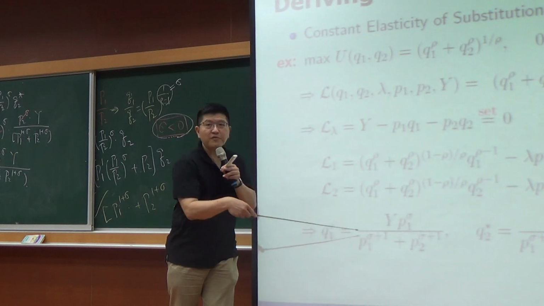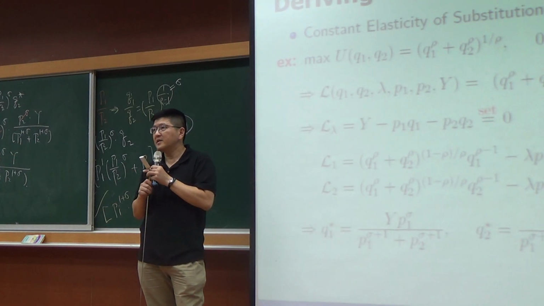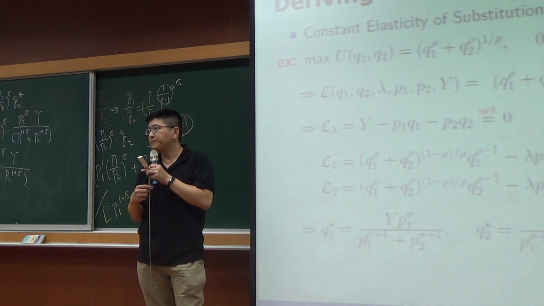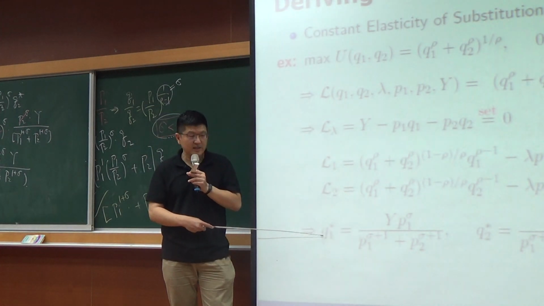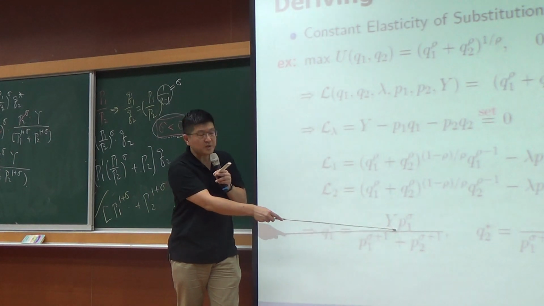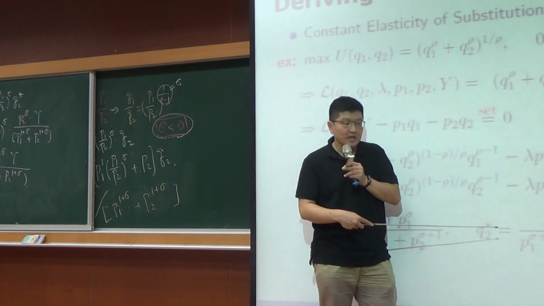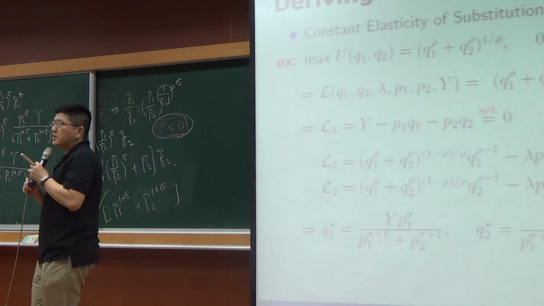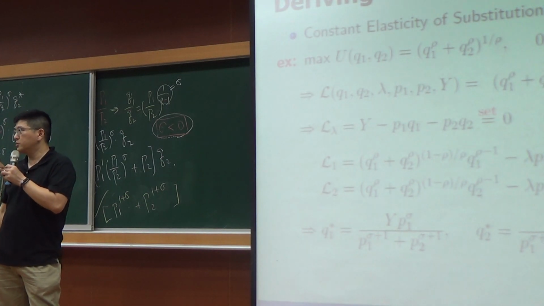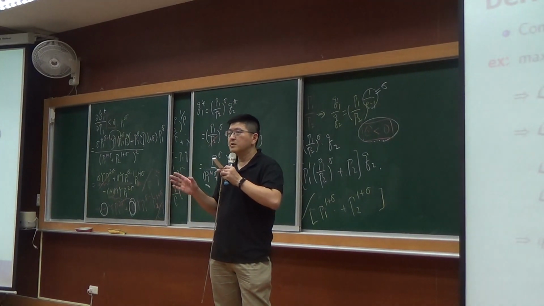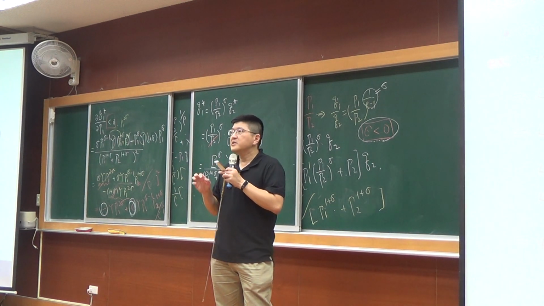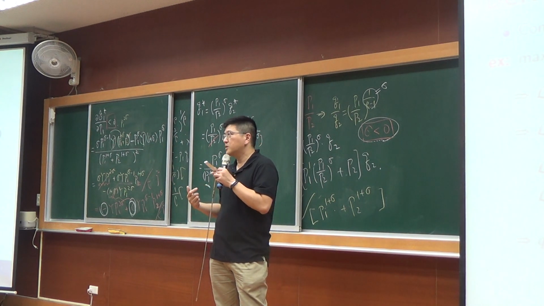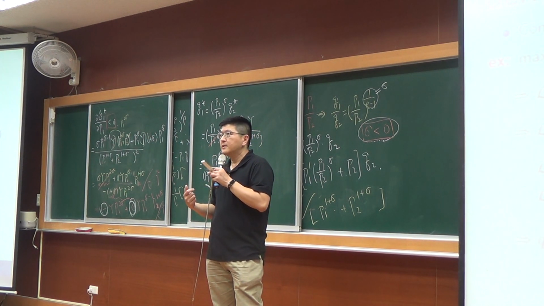Because these two functions are symmetric. You may see the same form. Okay? So once we have checked that Q1 is a negative function of P1, we may conclude that Q2 must be a negative function of, or an inverse function of P2. So both good 1 and good 2 satisfy the law of demand. The higher the price, the lower the quantity demanded. Okay, is that clear?